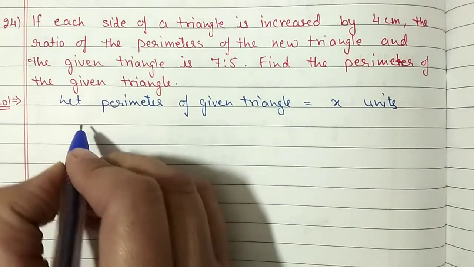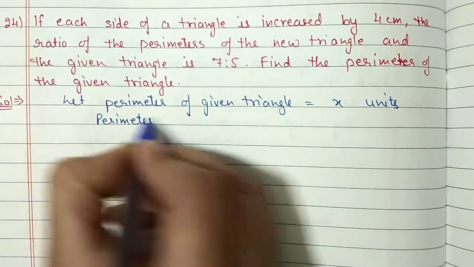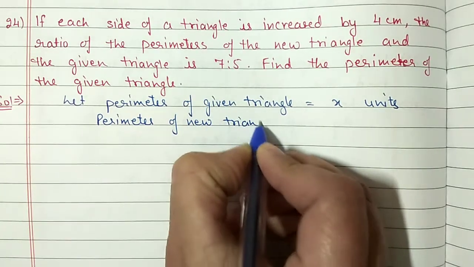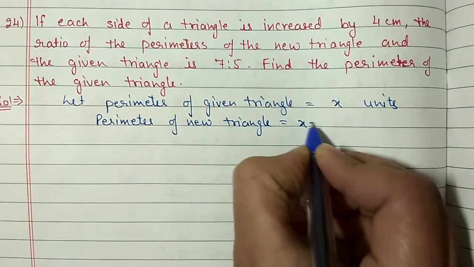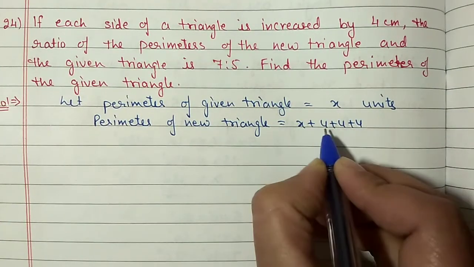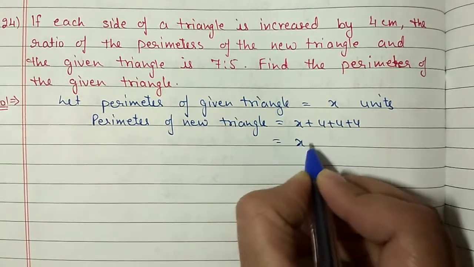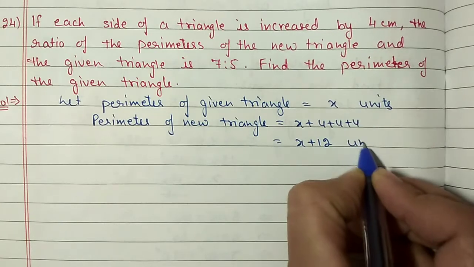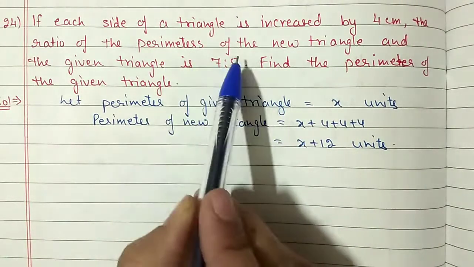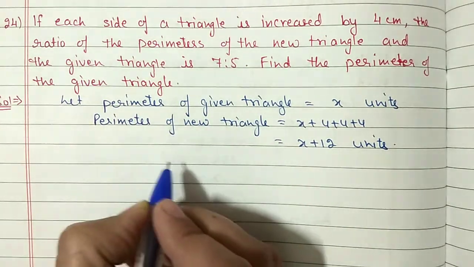Now according to the question, each side we have to increase by 4 cm. So the perimeter of the new triangle will be x plus 4 plus 4 plus 4, because there are three sides and to each side we have to add 4. So it will become x plus 12 units. Now the ratio of the perimeter of the new triangle to the given triangle is 7:5.